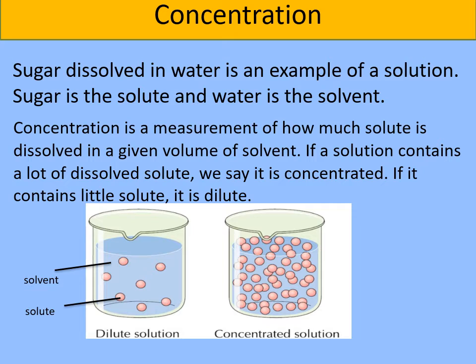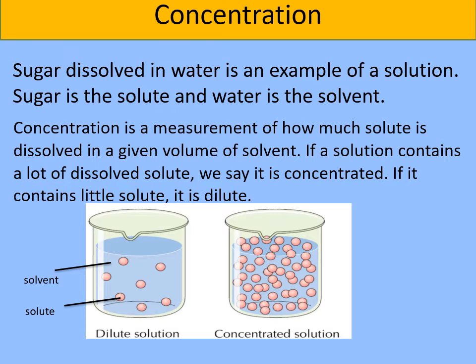Another example of a solution could be a salt solution, where the solute is the salt and the water is the solvent. Now, concentration is just a measurement of how much solute is dissolved in a given volume of solvent.